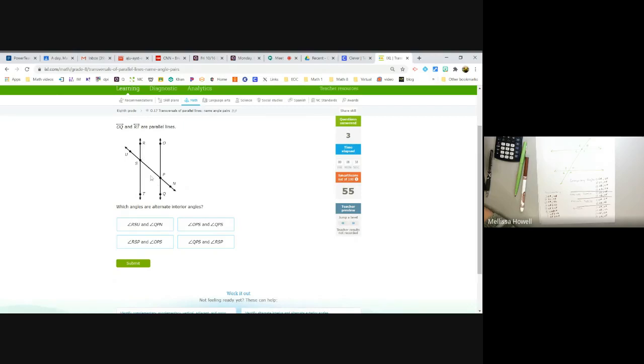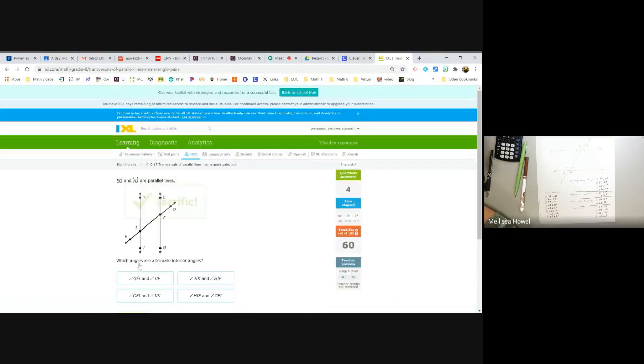I think I was looking at this as being a Q and it's an O. QPS is right here and RSP is right there. And those are on opposite sides of the transversal. So you do have to do these questions slowly. Even I had to do it slowly. So don't think that you should just be flying through these unless you want to be losing points. And then we got it correct.